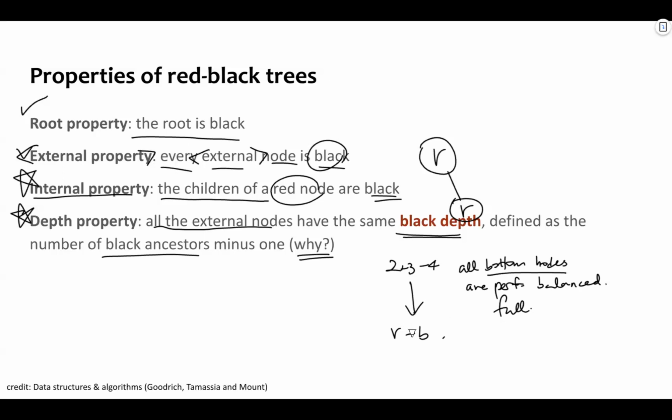So external nodes should have the same depth, because we're converting 2, 3, 4 nodes into red black trees, and we just need to count the number of black depths to the top. When we reconvert these red-black trees into 2, 3, 4 trees, all the bottom nodes are going to become full if you follow this depth property. So you need to keep in mind these two properties when we describe the insertion or deletion operations for red-black trees.